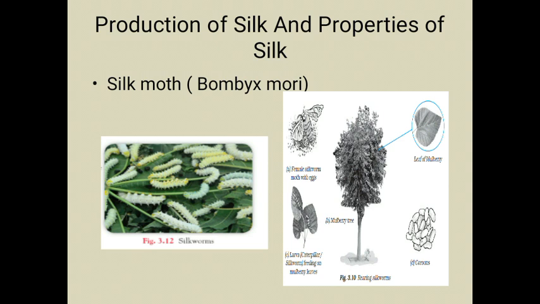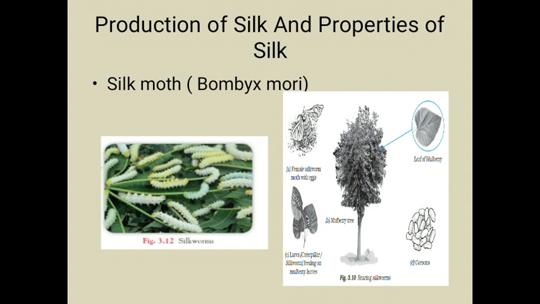Okay, so the silk fiber or filament which we get from this cocoon is at the raw stage, or raw silk. The filaments from several cocoons are reeled off together to prepare a continuous strong thread.